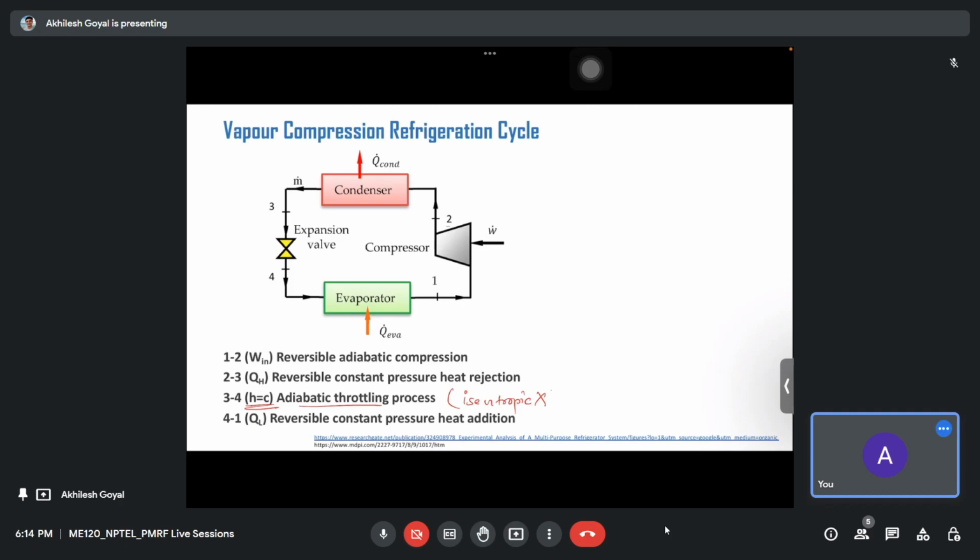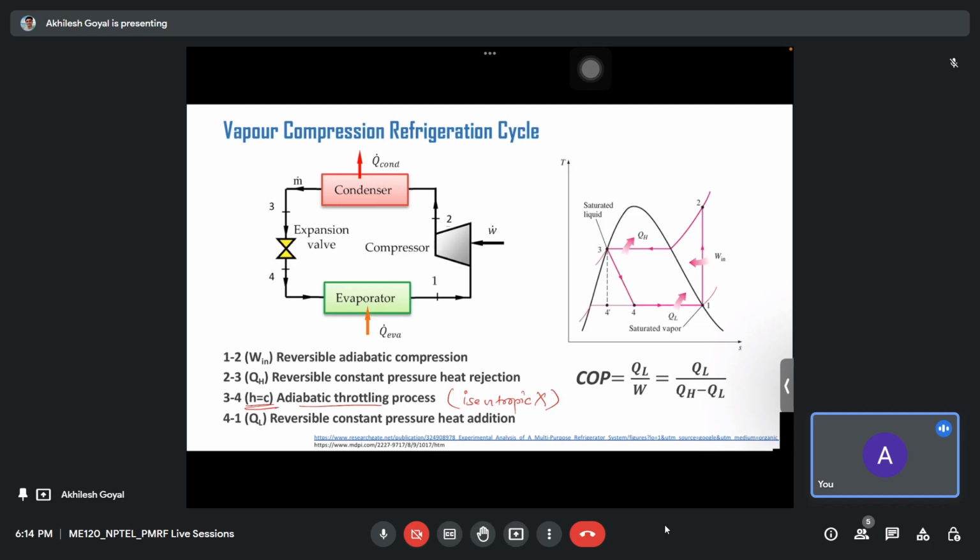So this is a basic vapor compression cycle that you already have studied through the videos. If we look at the TS diagram of this, it goes from point 1 to 2. This process is reversible adiabatic compression, where the work W in is given to the compressor.